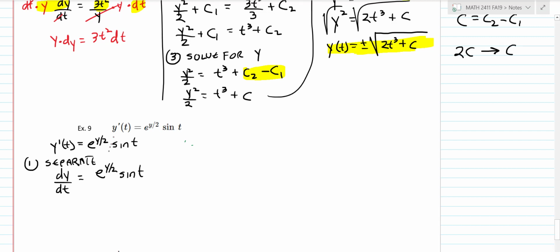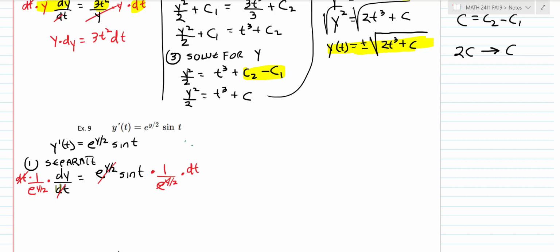The way you could do this is to multiply both sides by 1 over e to the y over 2, which will get your y's together. Then to get rid of that dt, we can multiply both sides by dt. Then we've got everything separated.